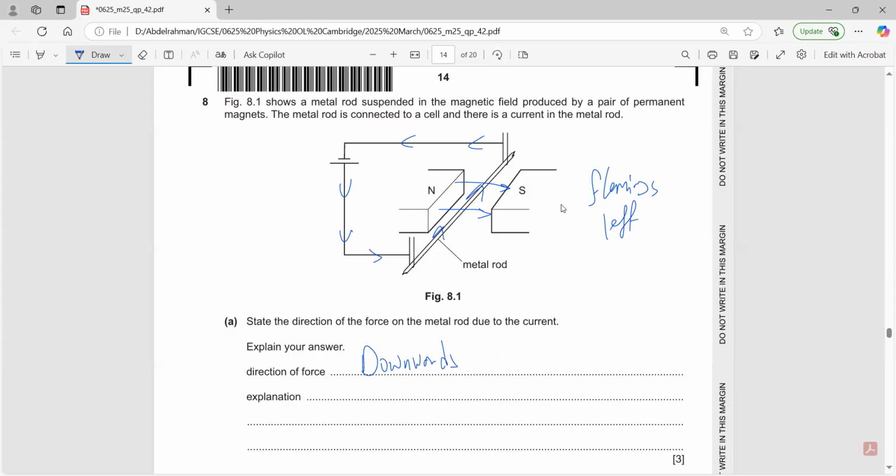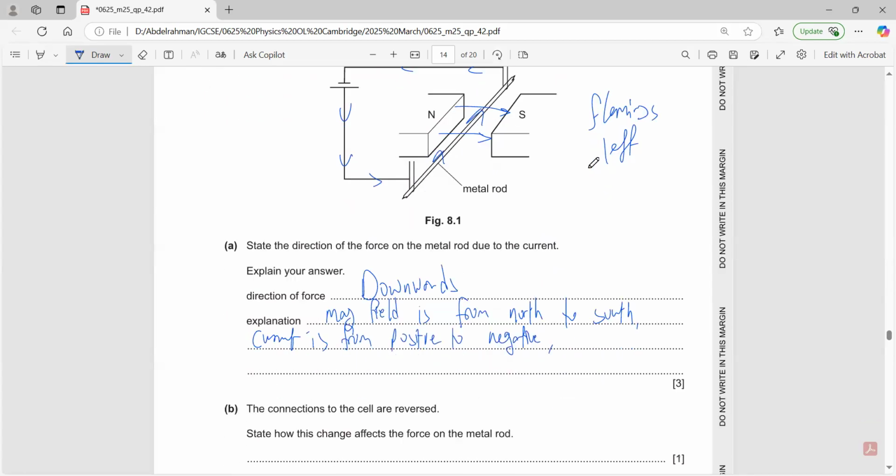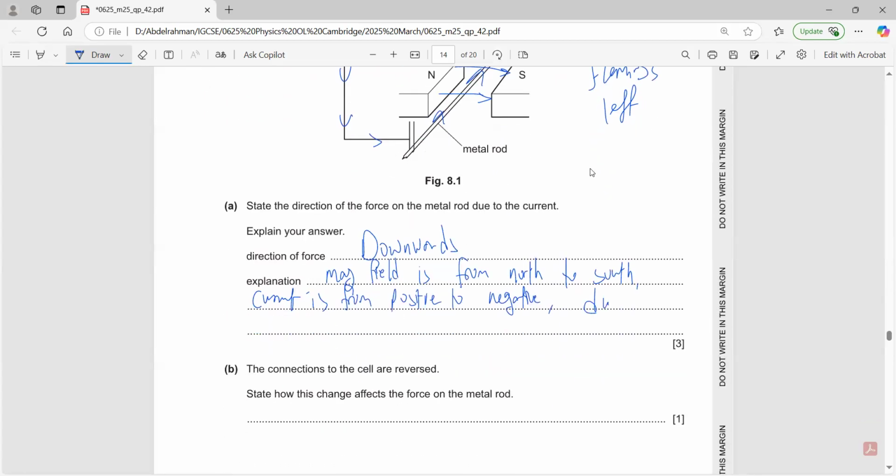The explanation: the magnetic field is from north to south, and the current is from positive to negative, from the positive end to the negative end. So due to Fleming's left-hand rule, the force is downwards.